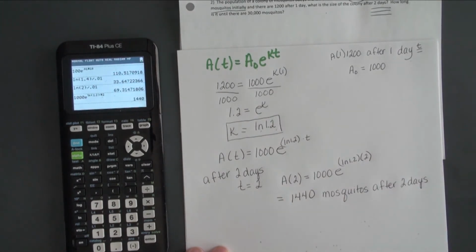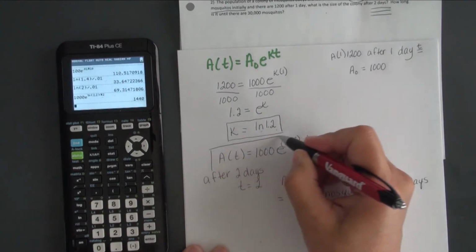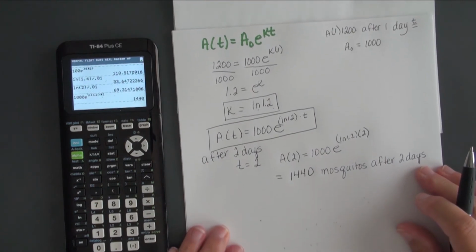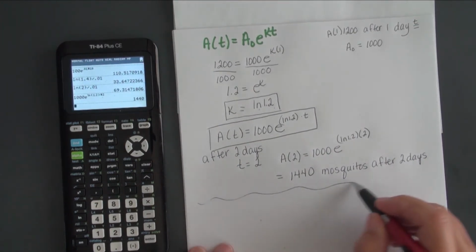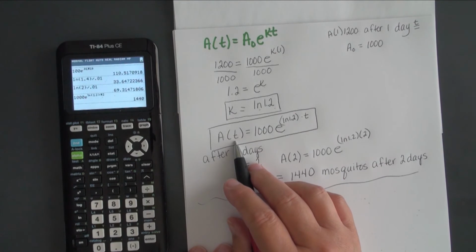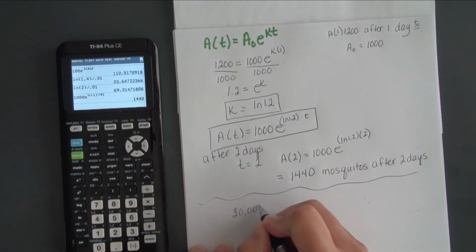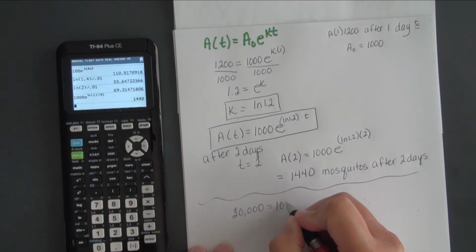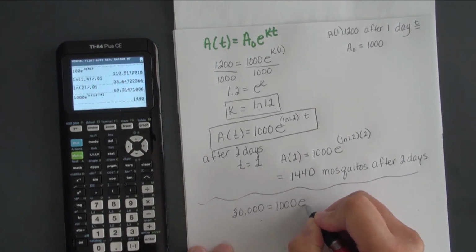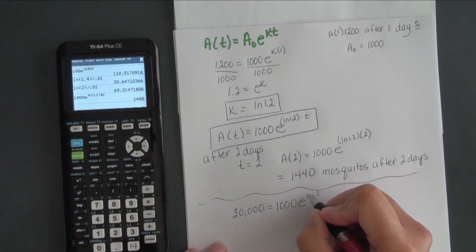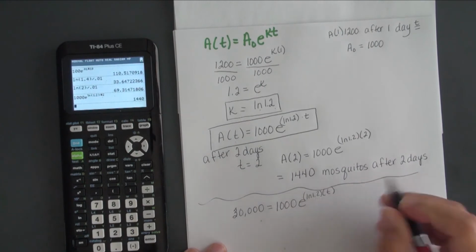Now, how long will it take until there are 30,000 mosquitoes? So we're going to use our equation again. But this time my amount is 30,000, so 30,000 equals 1,000 e to the natural log 1.2 times t power.